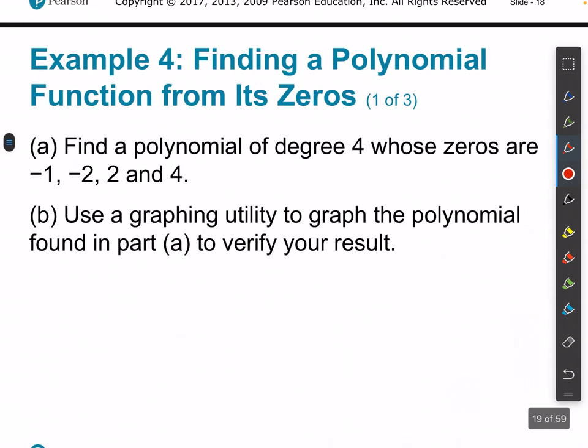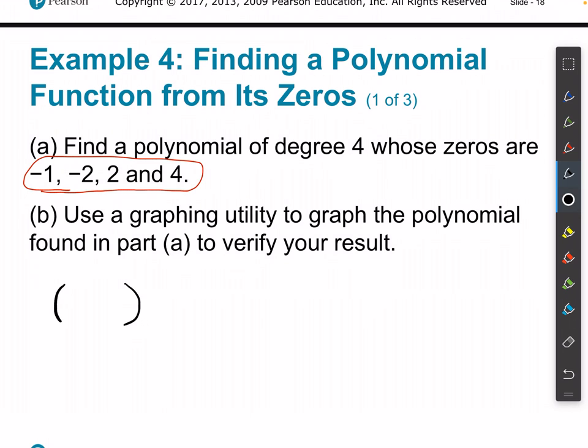Okay, so example 4 says finding a polynomial function from its zeros. Here it says find a polynomial function of degree 4 whose zeros are negative 1, negative 2, 2, and 4. So if these are the zeros, then I know the factors for those.